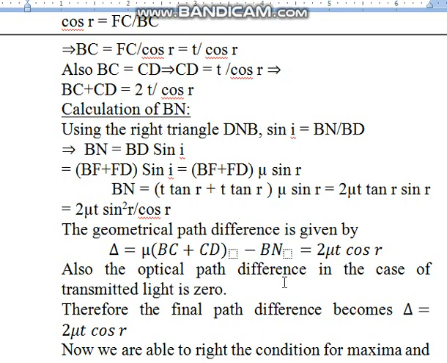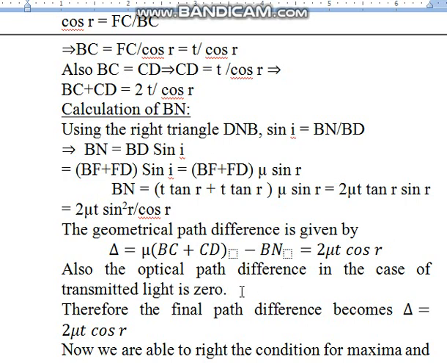But in transmitted light you know that there is no extra optical path difference, no optical phase difference. We already discussed this in video lesson 5, I think. So the optical path difference is 0.